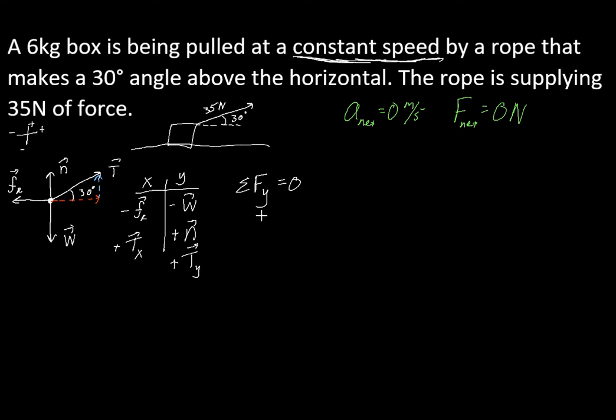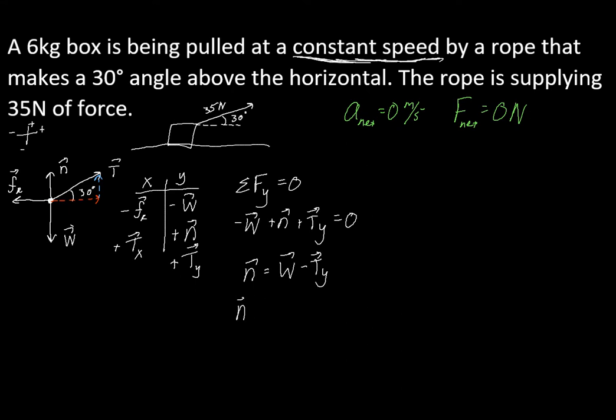So I'll go ahead and put all of those y forces now. We've got the negative weight, we've got the positive normal force, we've got the positive tension in the y direction. All of that equals 0. If we rearrange to get the normal force by itself, we find out that the normal force is equal to the weight minus the y component of tension.